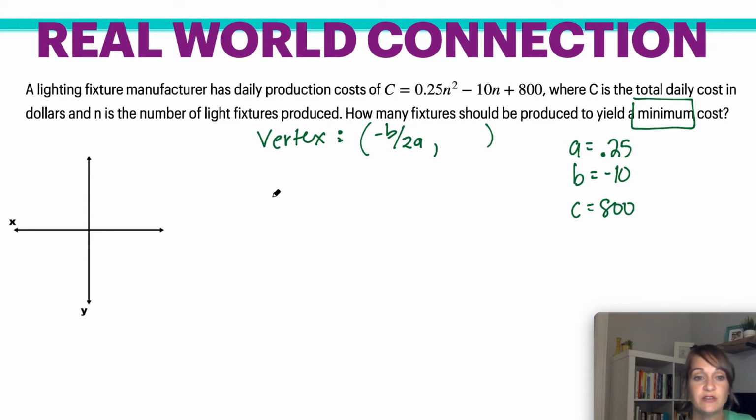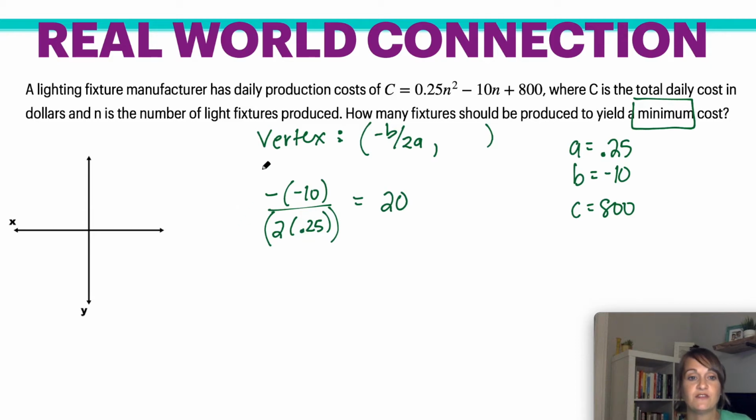So -b over 2a is going to be -b over 2 times a. Now, when you plug this into the calculator, make sure you keep parentheses around the 2 times 0.25. So I'll get 10 divided by 2 times 0.25, which gives me a positive 20.